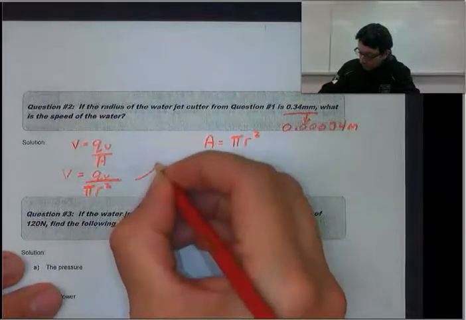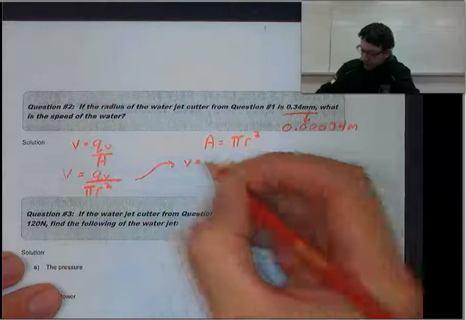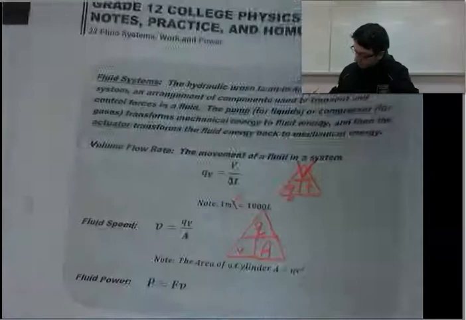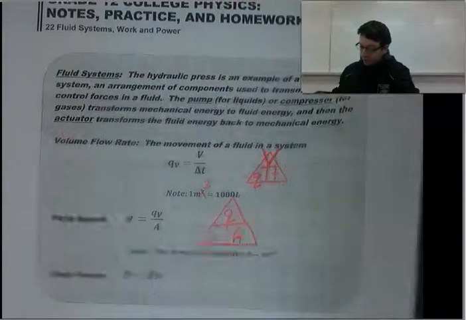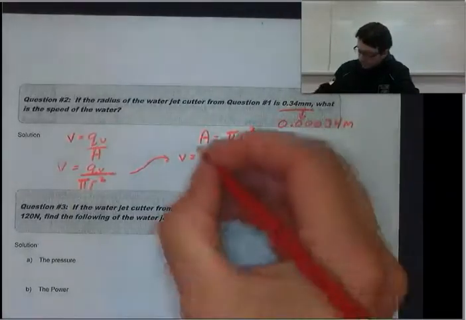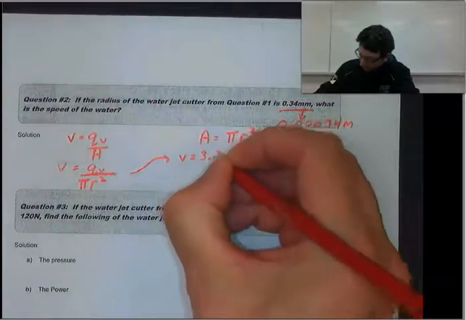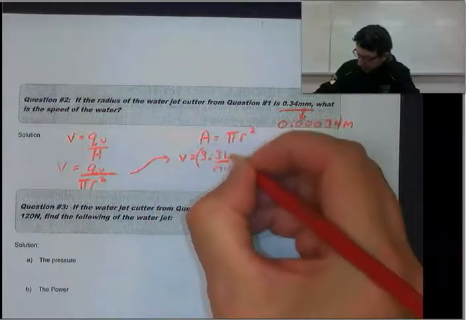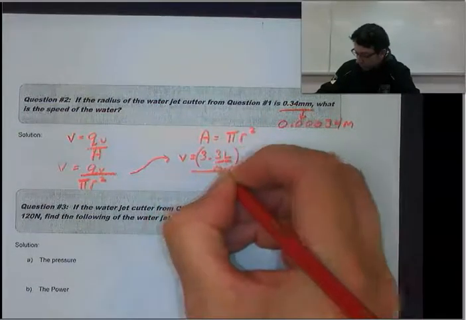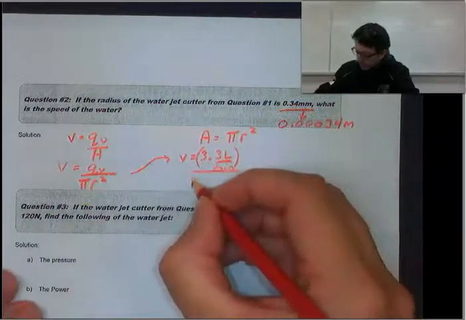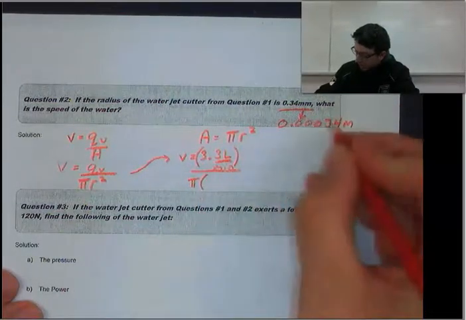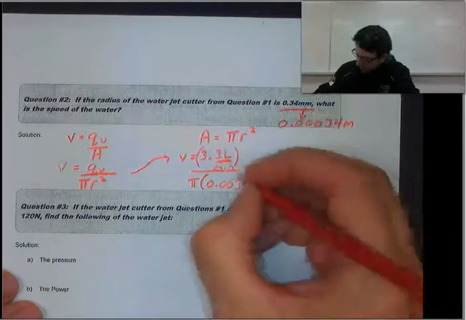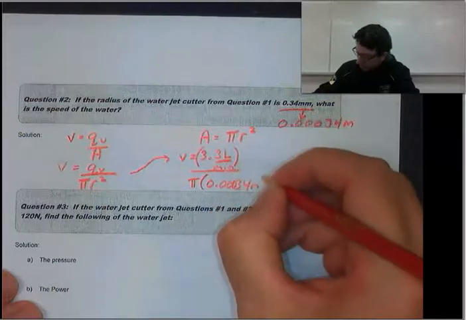So calculating for speed then, we get Q_V, which was from the previous question, 3.3 liters per minute. And again, I'm just going to focus on the units. Divided by pi r squared. So pi times r, and r we've already converted, 0.00034 meters.